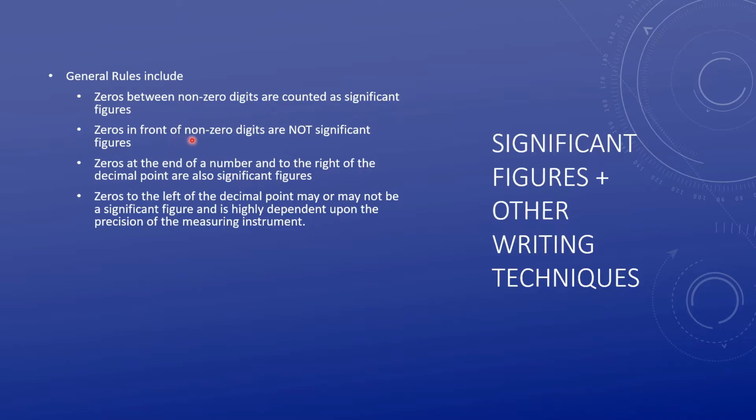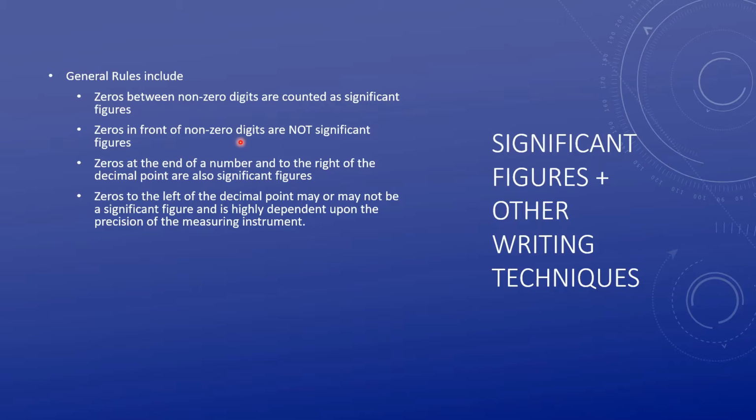The zeros in front of the non-zero digits are not significant. So I can write 180 centimeters and I can do 0.180 centimeters. That first zero is not significant. Zeros at the end of numbers to the right of the decimal point are also significant figures. So if that measurement is 18.02 centimeters, that zero is a significant figure because it's adding to that value. It means something.